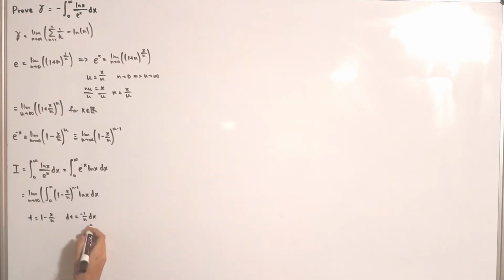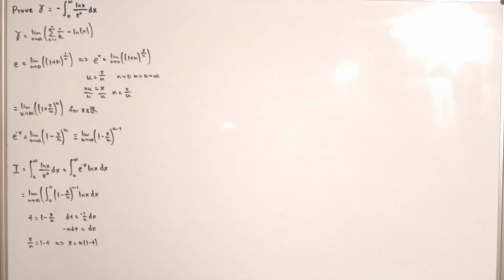Then I multiply by negative n on both sides, so we get -n dt is equal to dx. Also there's an ln of x, so I want to do a substitution for x. I can add x/n and subtract t, so that we have x/n equals 1 - t. Then multiply by n, so we have that x is equal to n times (1 - t).